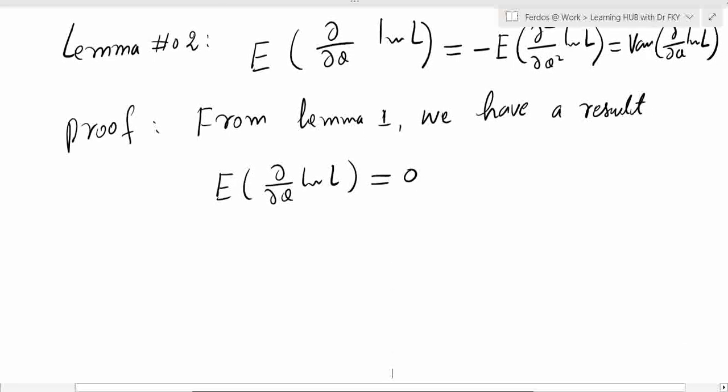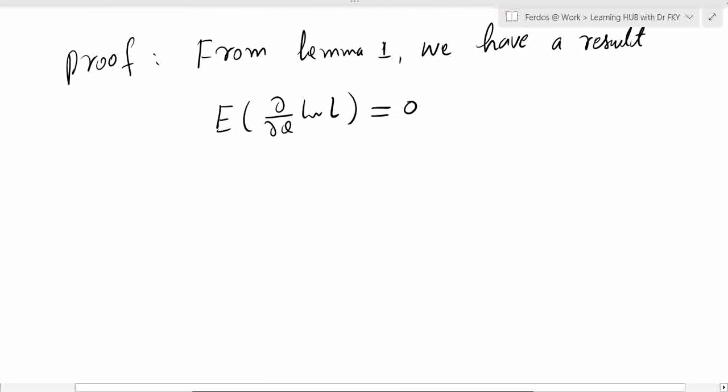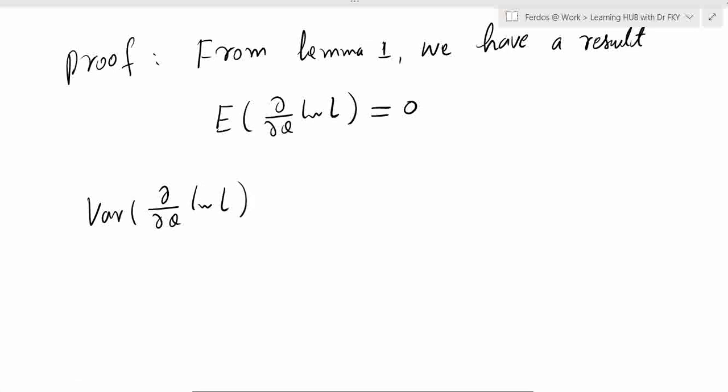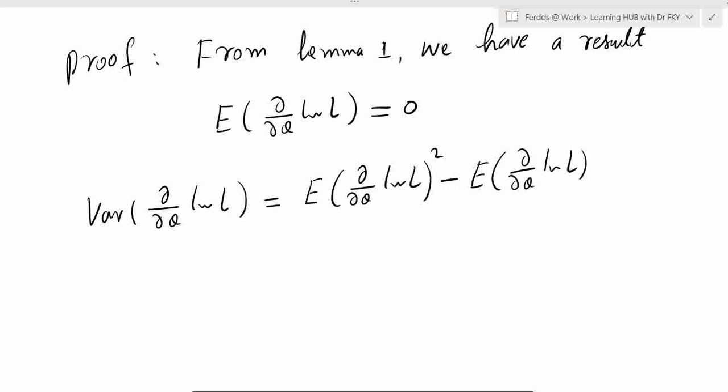Now you know that the variance of the partial derivative with respect to theta of this is equal to the expected value of the partial derivative with respect to theta of log L square, minus the expected value of the partial derivative with respect to theta of log L, whole square.